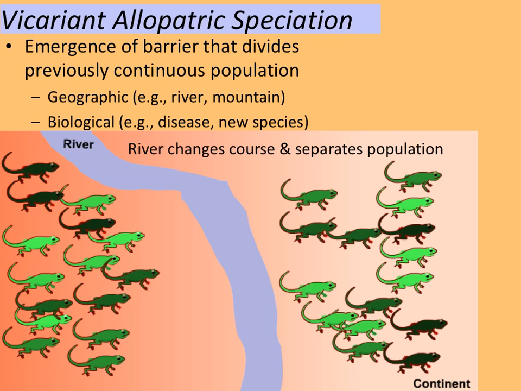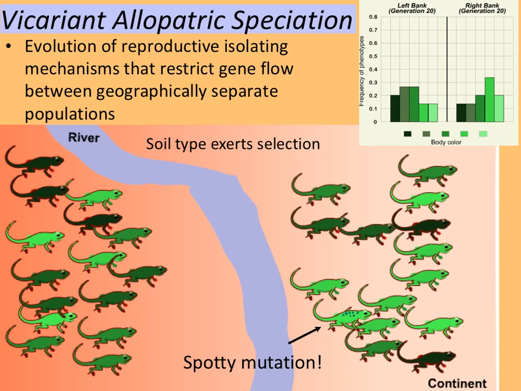Because they've been split, they start to diverge. There might be soil types, let's say, that exert selection in terms of being cryptic. So if you're a salamander, you don't want to be seen, so you have color morphs according to the soil type, let's say. And then over in this group, eventually, there's a mutation.